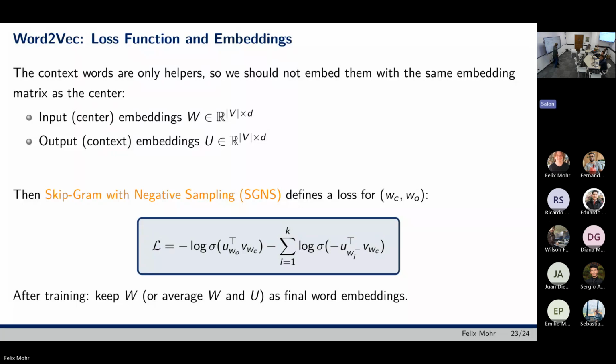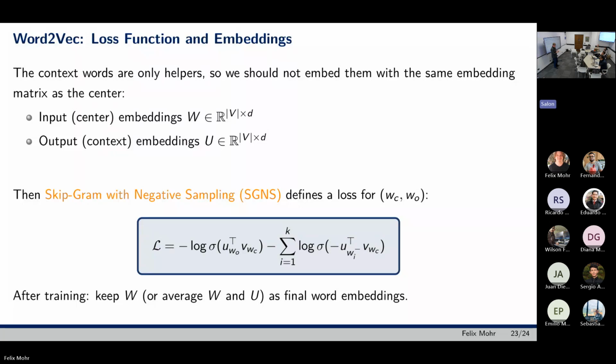Now here we have the center word embedding and the negative sample embedding. This is a word embedding of a random word, which shouldn't be too related to this guy here. So we just take a dot product between the random word embedding and the center word embedding. Should these be similar?